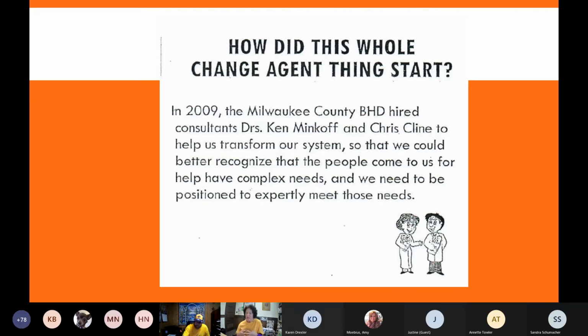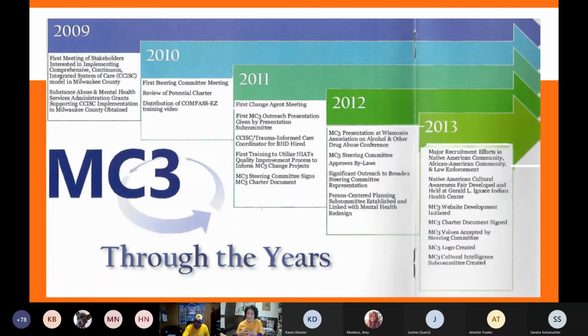Going back a little bit in history, when I moved up to Milwaukee and did home care, there were not a lot of levels of care.